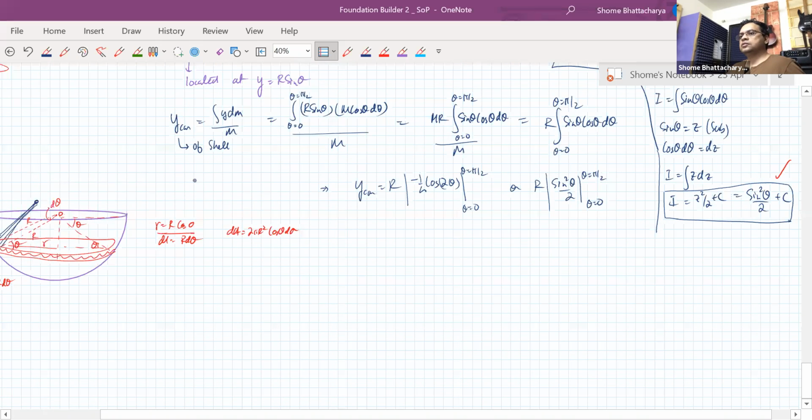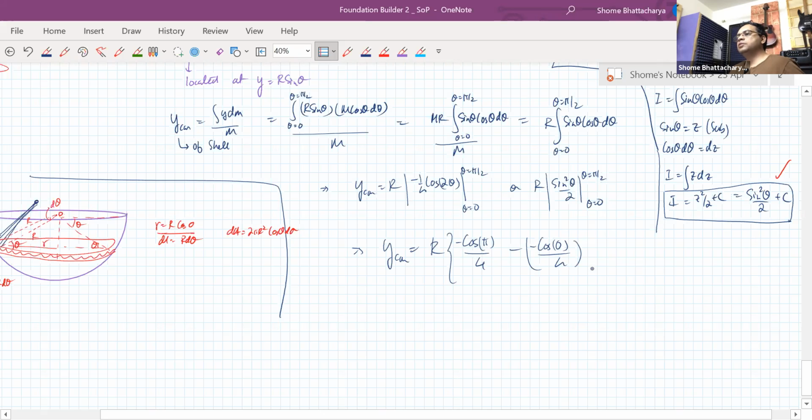Right. So this final thing, as I said, whether you substitute in this one or that one, this one is a little bit more complicated. You will have cos of 2 times pi by 2, so that's cos pi, but with a minus sign divided by 4, and then minus of minus cos 0 divided by 4. So this is the upper limit, this is the lower limit. Let me write this in a more systematic manner.